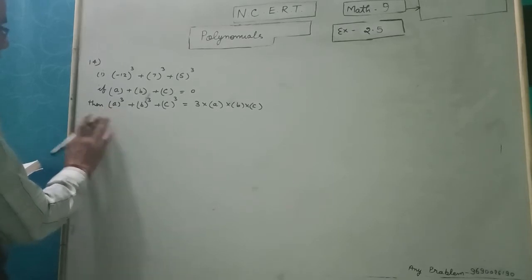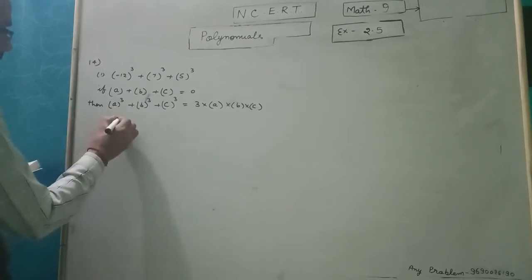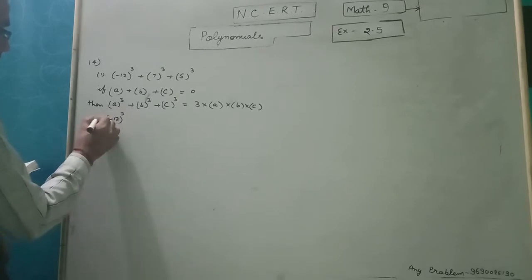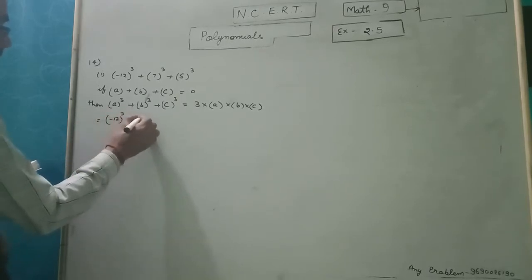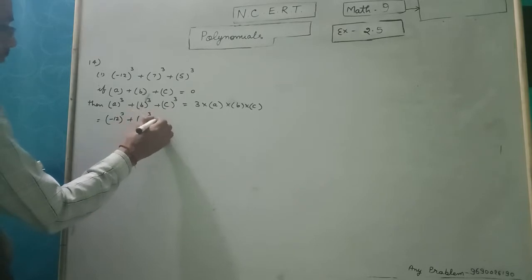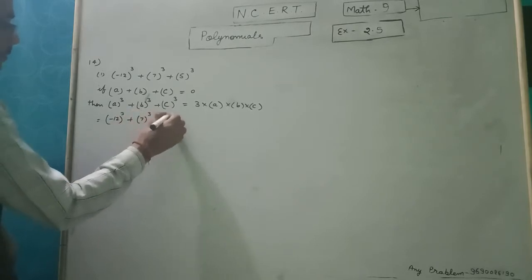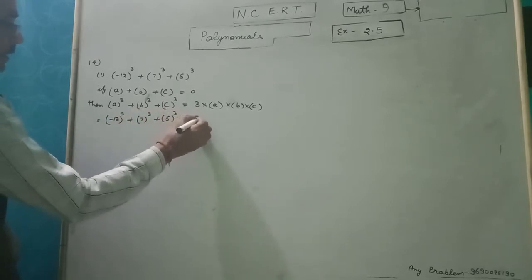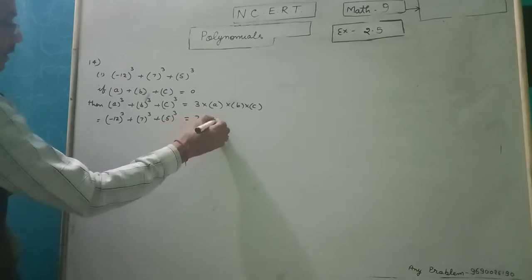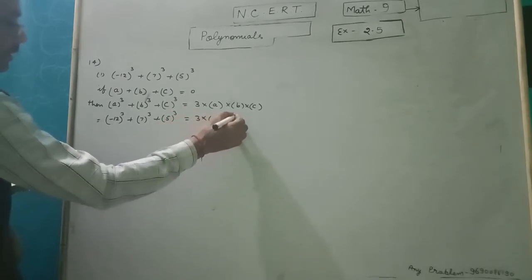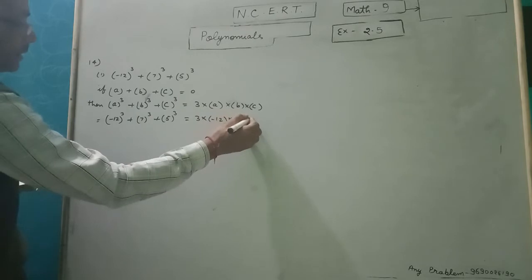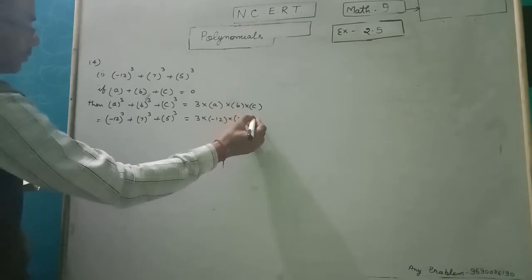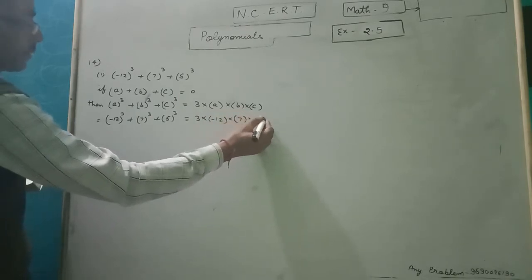So (-12)³ + 7³ + 5³ will be 3 into -12 into 7 into 5.